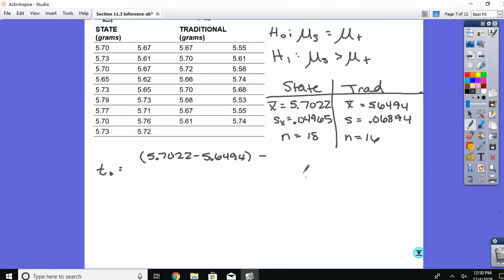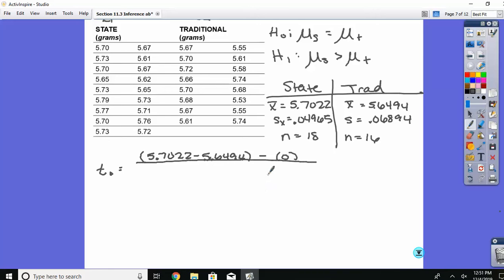You get 0. So the difference is just going to be 0 for this. Just like on the dependent ones, we talked about the formula sheet has the d bar minus the mu, and we just dropped the mu because it was 0.